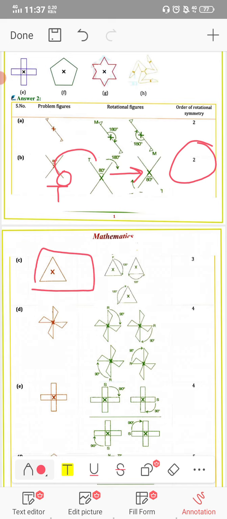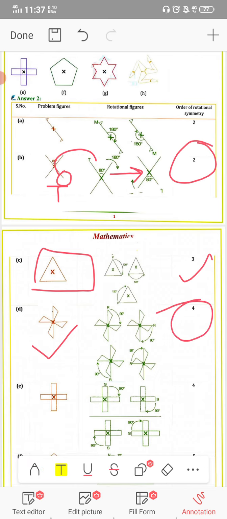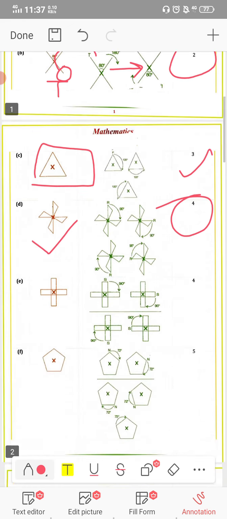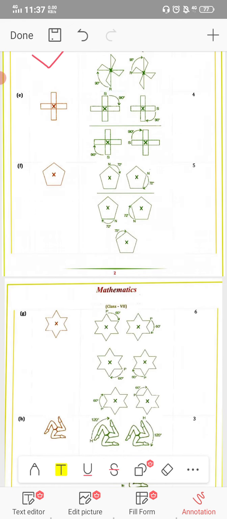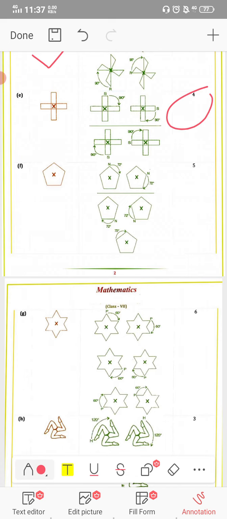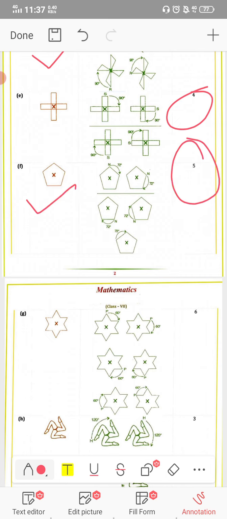As you already know, an equilateral triangle has order of symmetry 3, and a fan which is having 4 lines, or we can say 4 sides, is also having order of rotational symmetry 4. And in the last diagram, that is E part, it is having order of rotational symmetry 4, and in the pentagon we have order of rotational symmetry 5 because it is a regular pentagon.